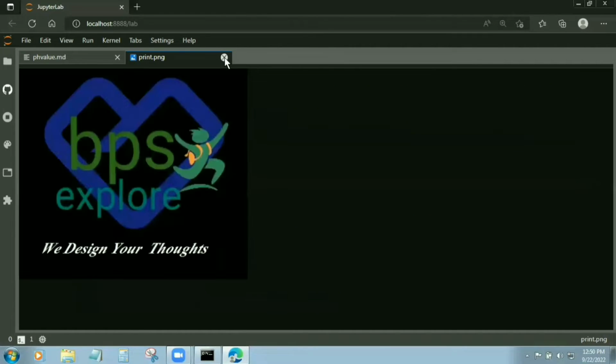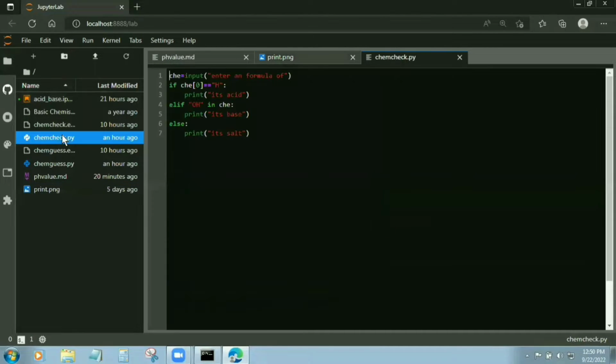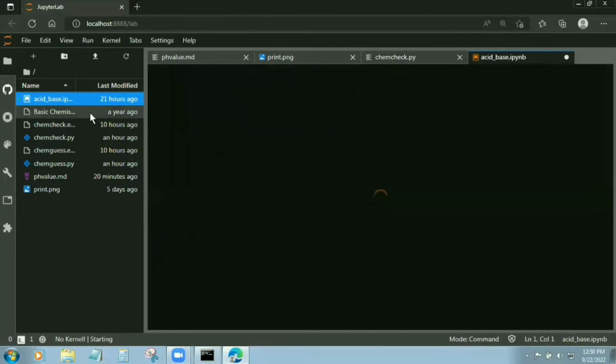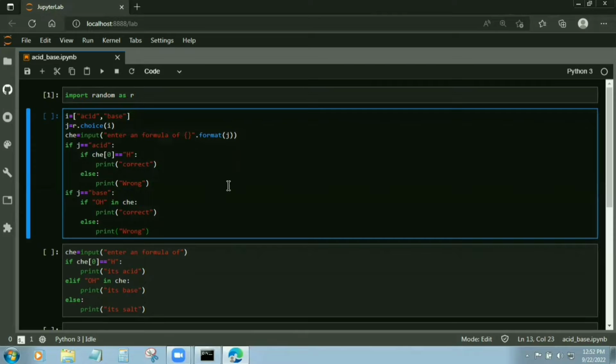With this in mind, I created a simple program with Python. Here I made a small code to guess the chemical compound that the computer wants.